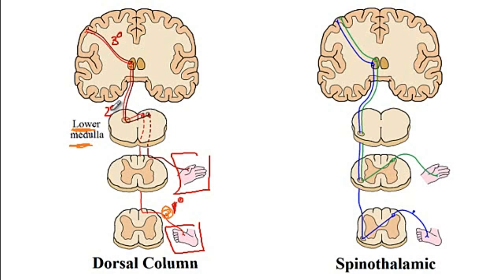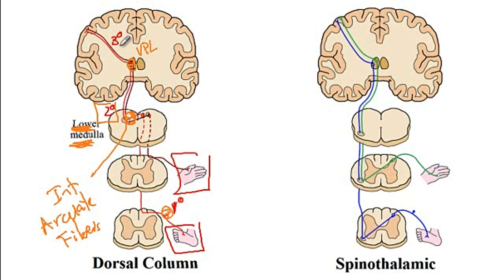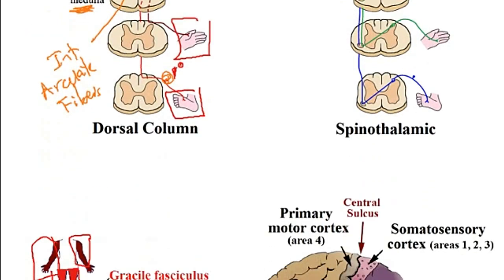And then from there on, the secondary neurons will start, and as internal arcuate fibers, they would decussate at the level of lower medulla, and then they would keep on going until they hit the ventral posterolateral nucleus of the thalamus. And then from there on, as tertiary neurons, they would go to the somatosensory cortex.